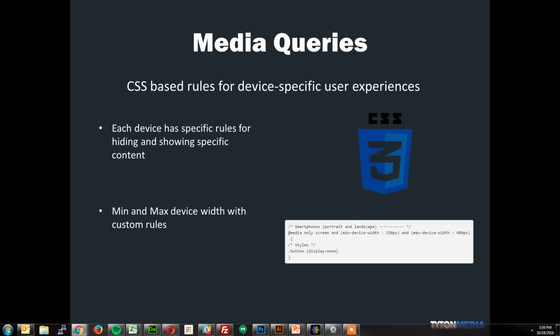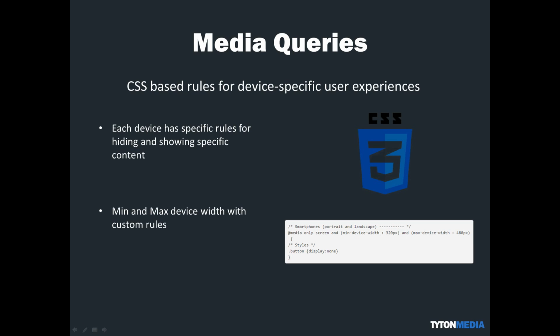We've shown a little example here at the bottom of a media query. So this media query is for smartphones. So it's looking inside here and it's saying, okay, of the devices that the minimum width is 320 and the maximum is 480, which is most smartphones, do all these CSS styles.